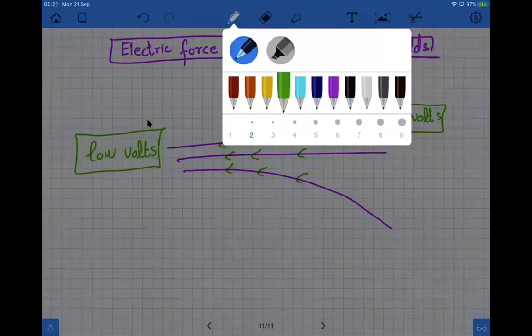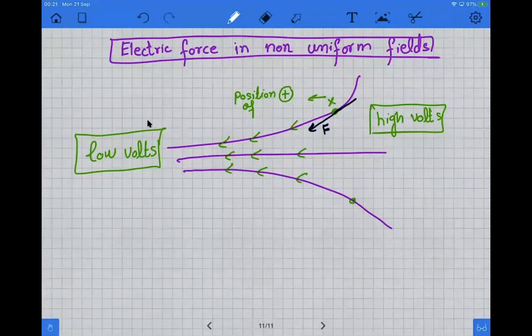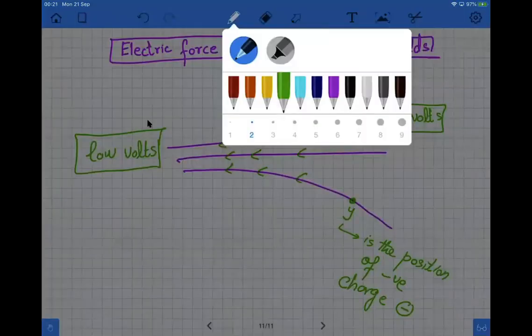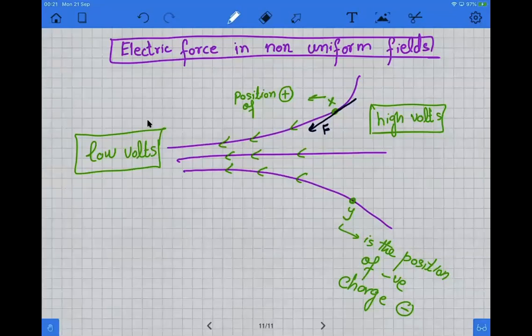Now for example, if you get another situation where the charge is negative, let's suppose Y is the position of a negative charge, then force on the negative charge, as you know, is opposite to the electric field, yet the force will be tangent to the field if the field is curved.